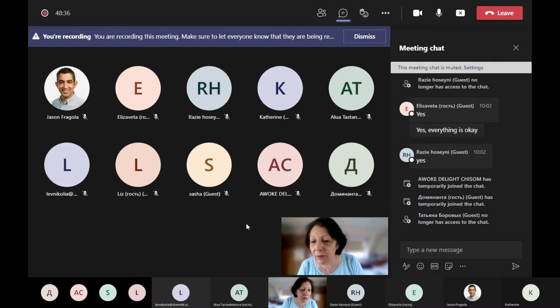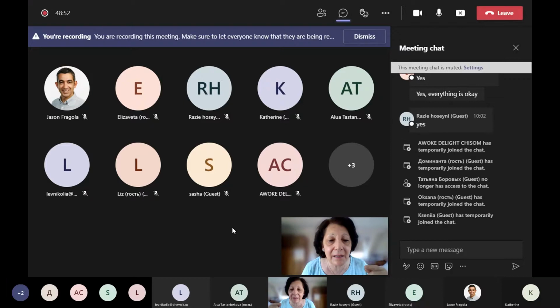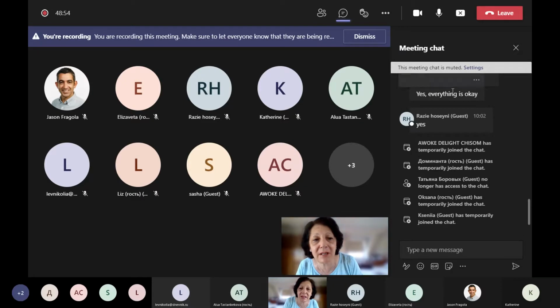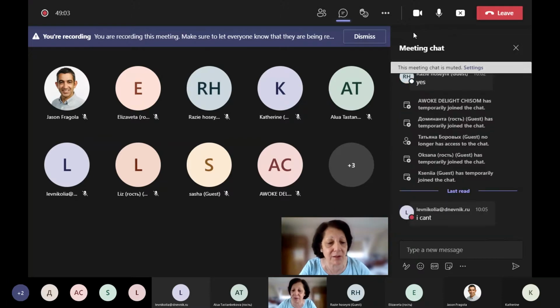Okay, I've got an Alua, Liz, Sasha, Razi. Can someone speak? So have you got your mics on? Razi, have you got your mic on? Tell me what you see in this graph, or put it in the chat at least, because I need to get some feedback from you. What do you see in that bar chart? What's the first thing you notice?